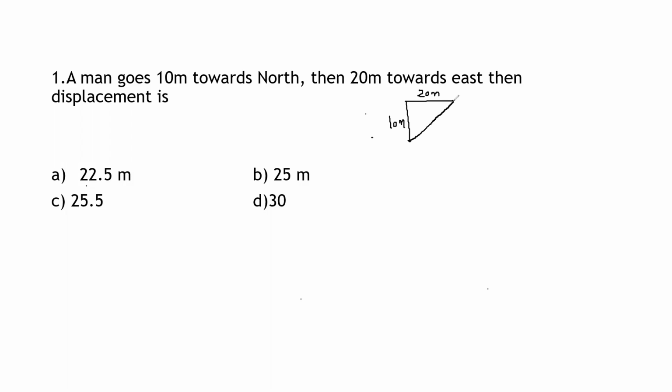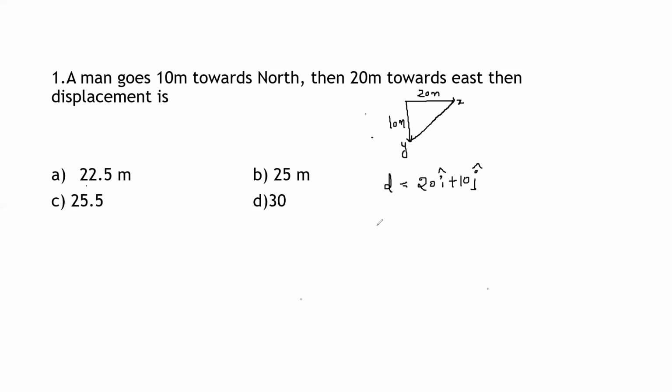If you take east as x-axis and north as y-axis, then displacement is equal to 20 i plus 10 j. So what is i and j here? i is the unit vector along the x-axis, and j is the unit vector along the y-axis.